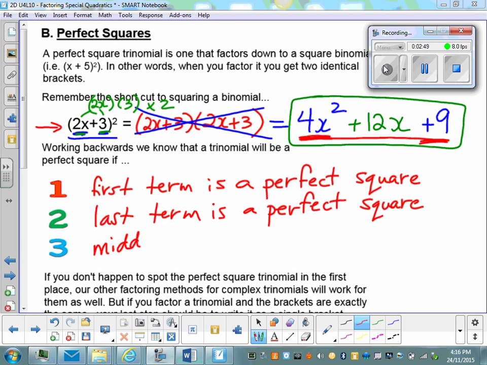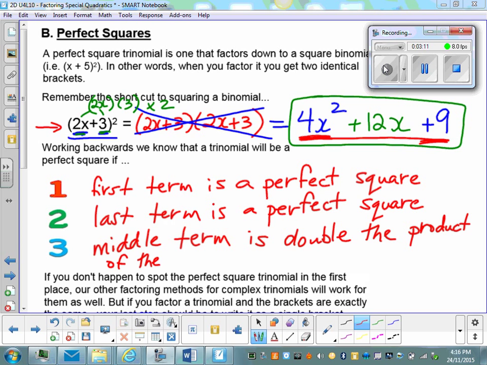And in this case, 9 is a perfect square. And this is the part that's different than difference of squares, because in difference of squares, we just have two terms. This one, we've got three terms. And in this case, the middle term is double the product of the first and last term's square root.